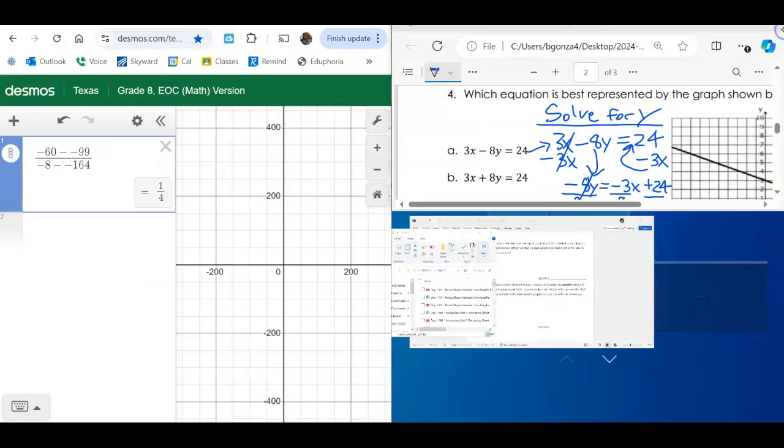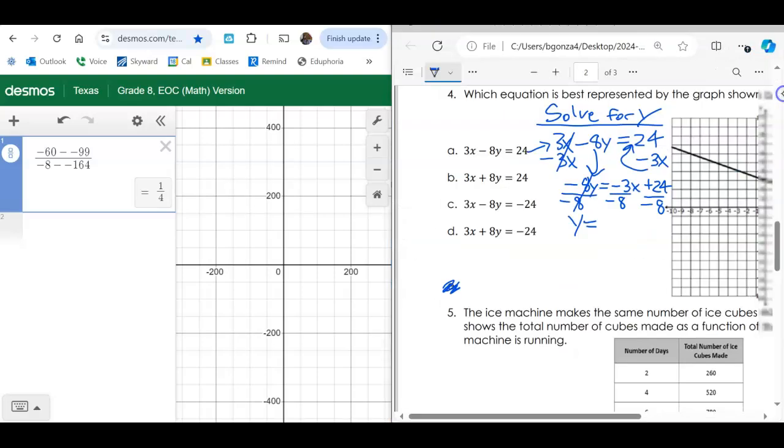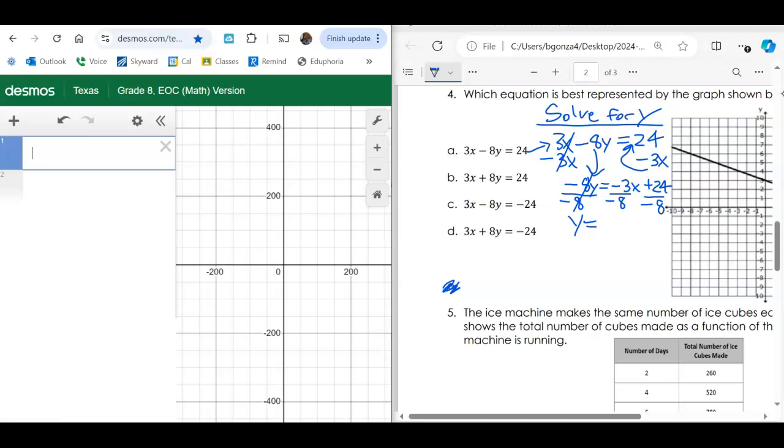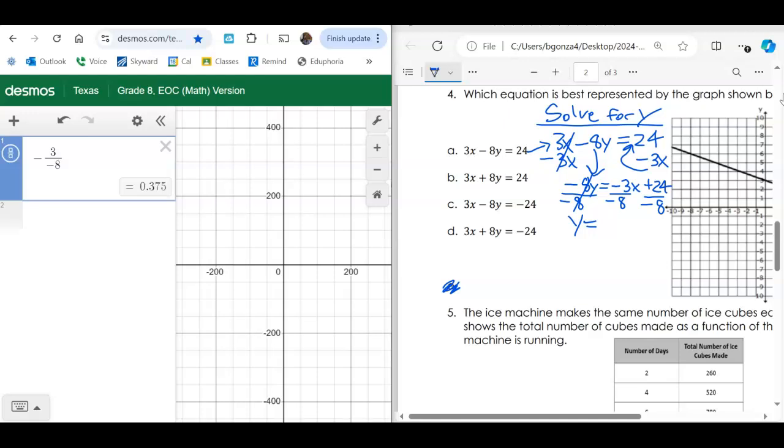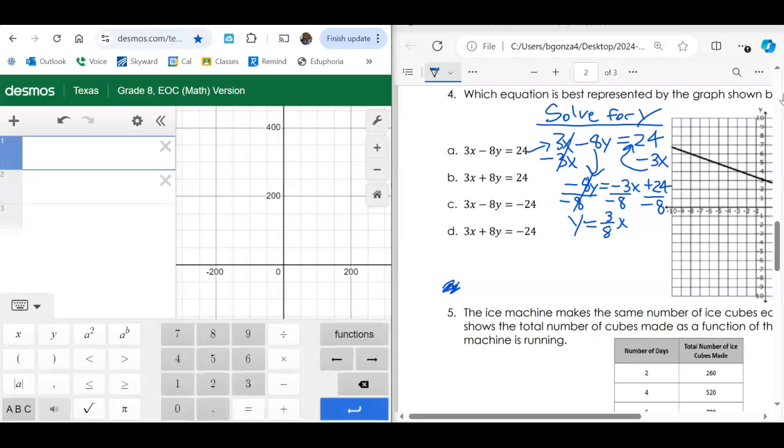Now you can just do -3 divided by -8 here, fraction it. So it just turns into a positive 3 over 8. Those negatives cancel out. And 24 divided by -8 gives me -3.